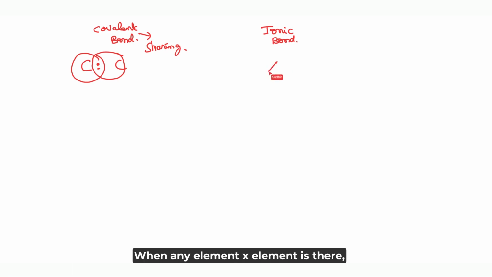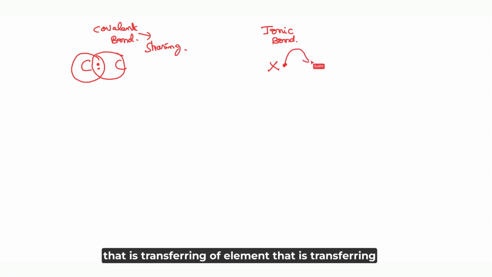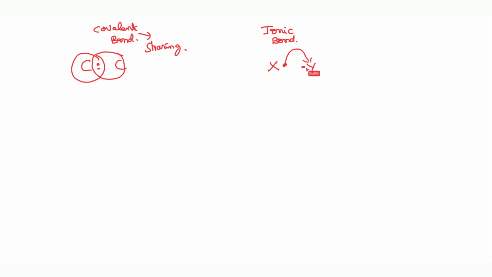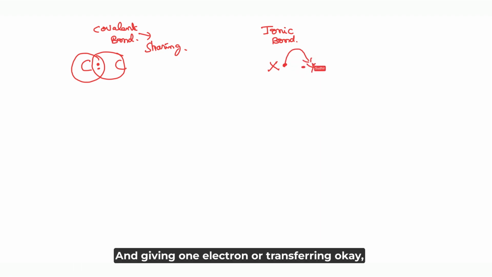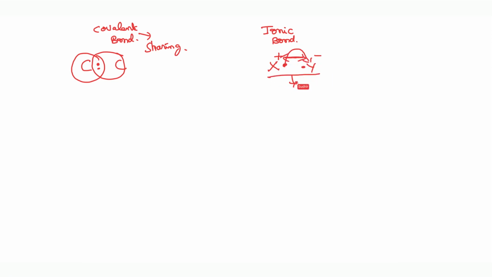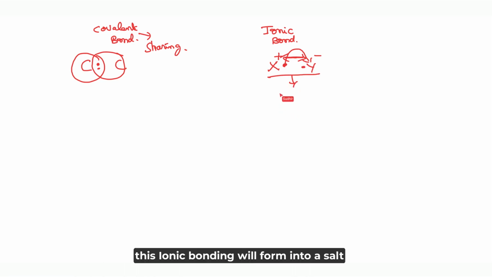When an element X transfers an electron to another element, giving one electron to make it plus and the other minus, the bonding takes place from here to here. This is called ionic bonding, and basically ionic bonding forms salts.